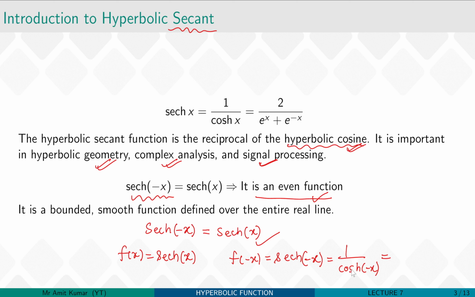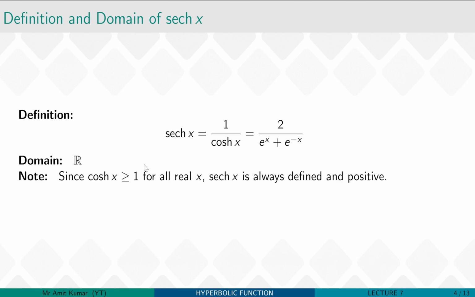And we know that since cosh x is an even function, this is equal to cosh x, and 1 by cosh x is equal to sech x. This is equal to f of x. Here we saw that f of minus x is equal to f of x, which implies that f of x is an even function.